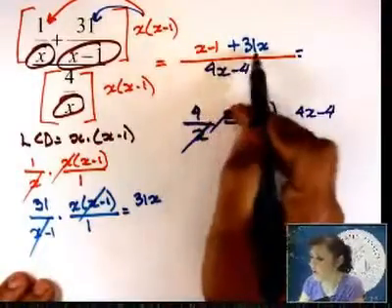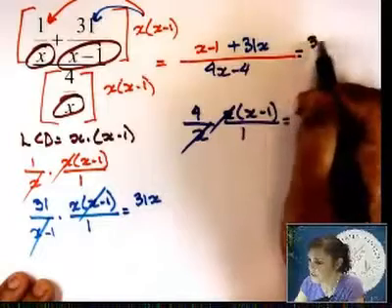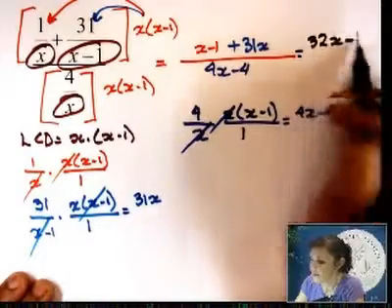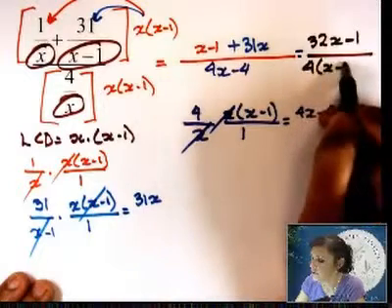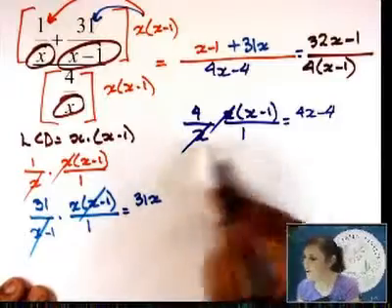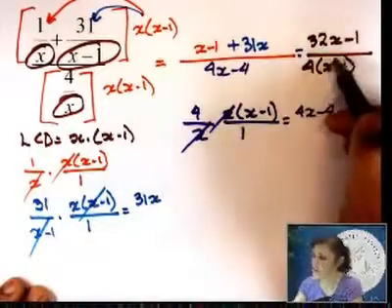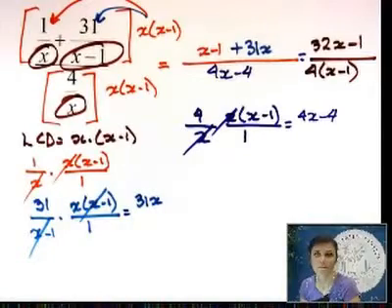You're going to end up with 31x plus x, that's 32x, minus 1. And you can also do this if you want. And the thing is, you cannot really go any more than this. These x's will not go, and this is the end of your problem.